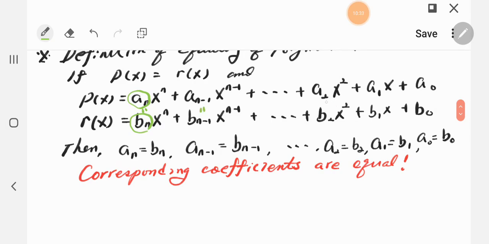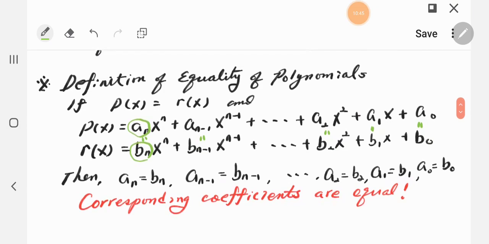For x squared, the coefficient of x squared should be equal, the coefficient of x should be equal, and the constants should be equal. Then two polynomials are equal. So using these properties, let's try an example so that we can do a partial fraction decomposition.